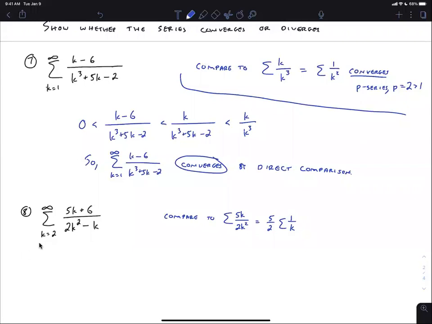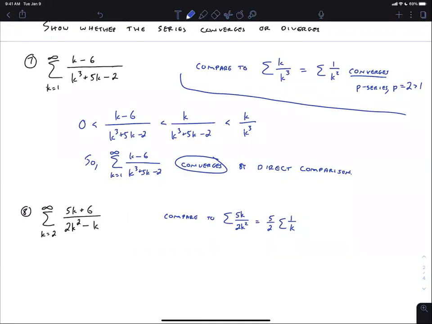I think we can probably all look at this and figure out that we were going to get to this anyway, or you'll get good at that as you do this. But k over k squared is 1 over k. The sum 1 over k diverges because that's the harmonic series, or you could say because it's a p series. Does that make sense? So this diverges, meaning this original is also going to diverge. So we know now the answer.